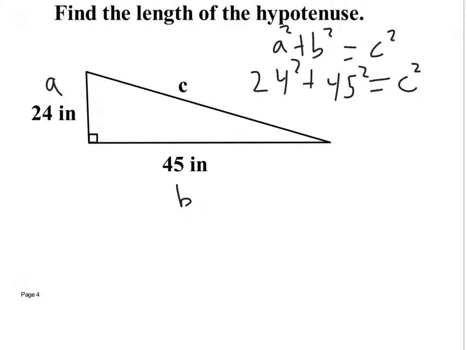What's 24 squared? 576. What is 45 squared? 2025. So what's 576 plus 2025?